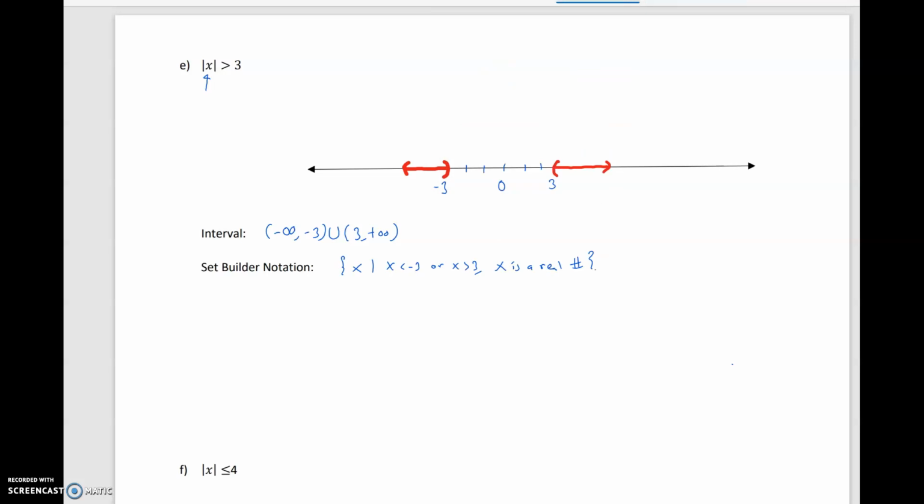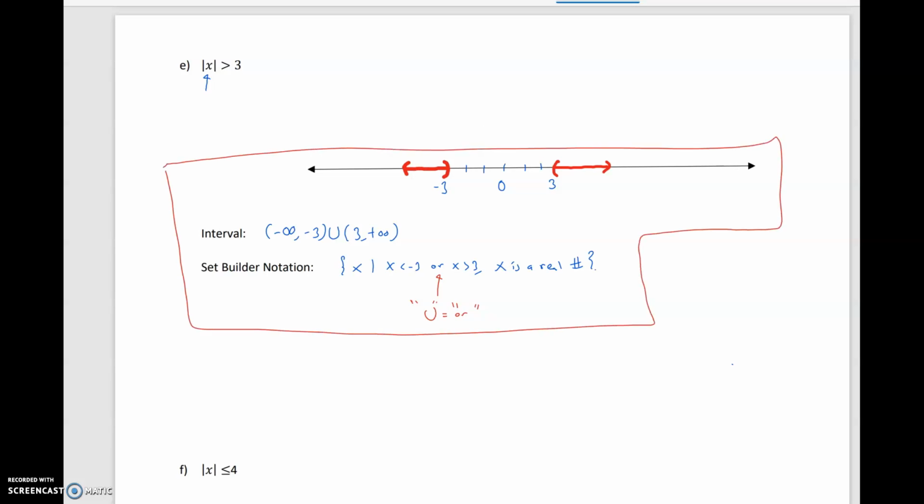In terms of the symbols here, the union represents an or statement. So whenever you see an or statement, that means the addition of these two. And that's it for this particular one that has distances greater than 3.